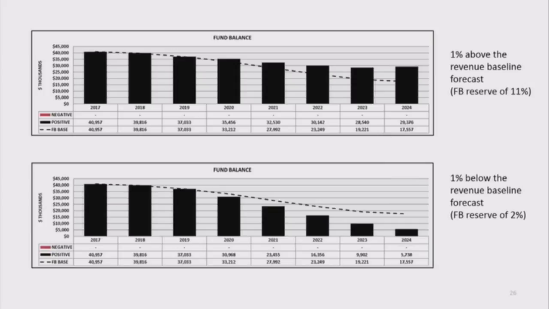This dotted line is what I projected, and the bars show what the fund balance is if my revenue estimates are 1% less. That's why this dotted line is below the bars.